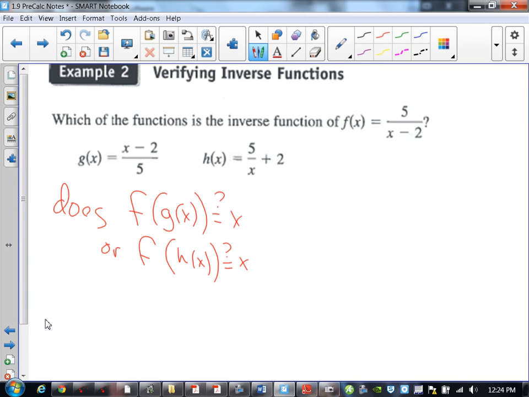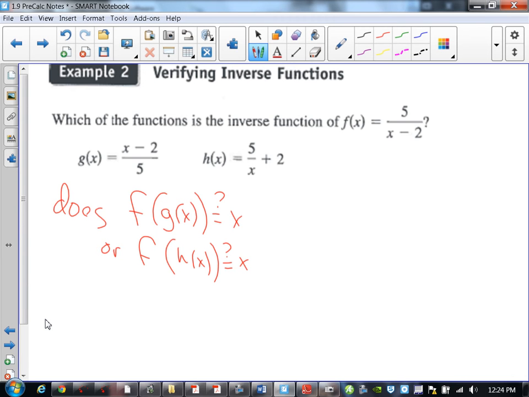That's what that is asking us: which of the functions is the inverse? If it's the inverse, that composition has to work, and it has to equal x when you're done. If it doesn't, you double check it, and if it really didn't work, then you know it's not an inverse.